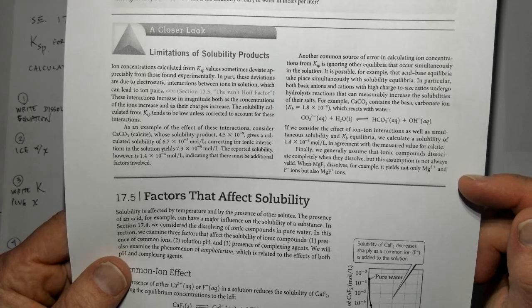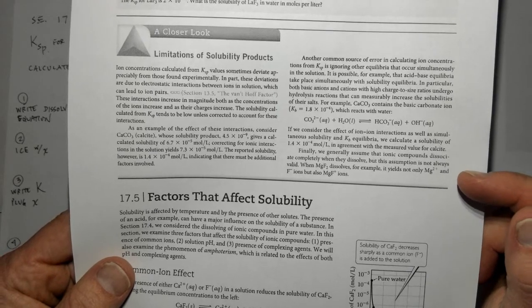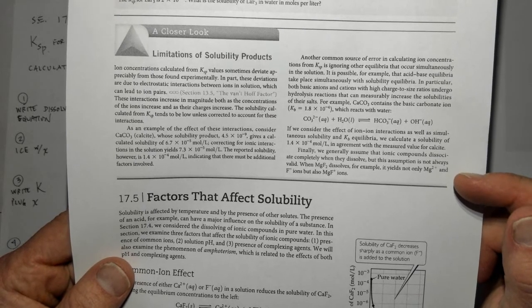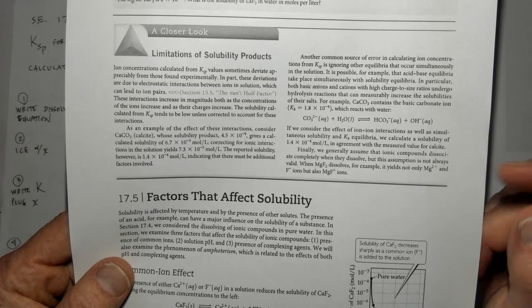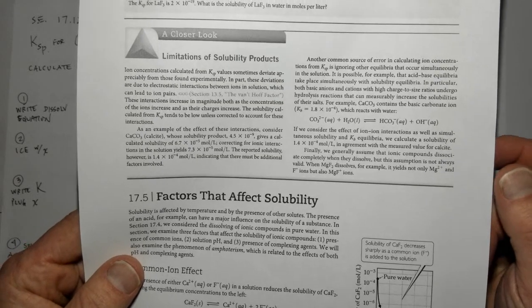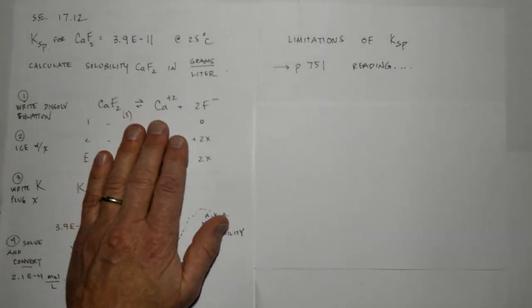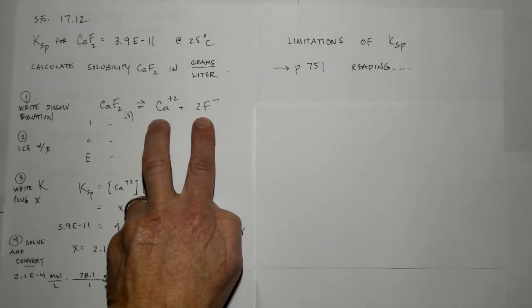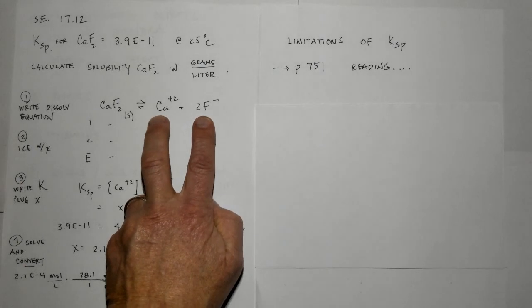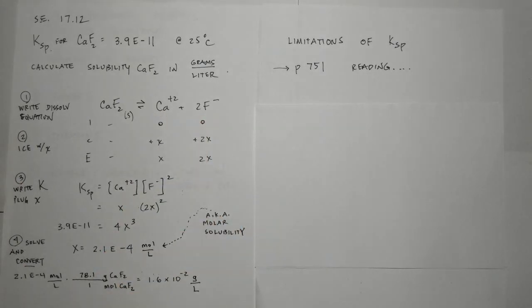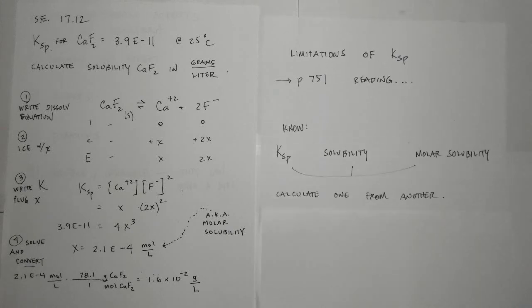For example, when magnesium fluoride dissolves, it doesn't yield only magnesium and fluoride ions, but also a little bit of MgF+ ions. And so even though we write equations like this and we assume that things completely dissolve or would break up only into these ions, sometimes there are other factors along the way that affect this solubility.